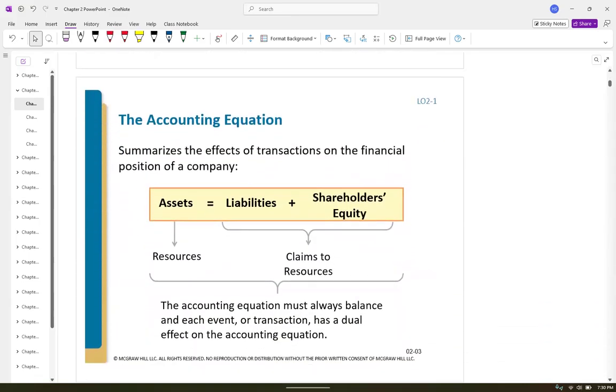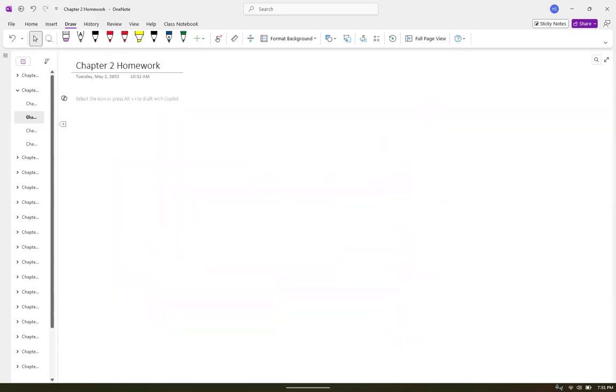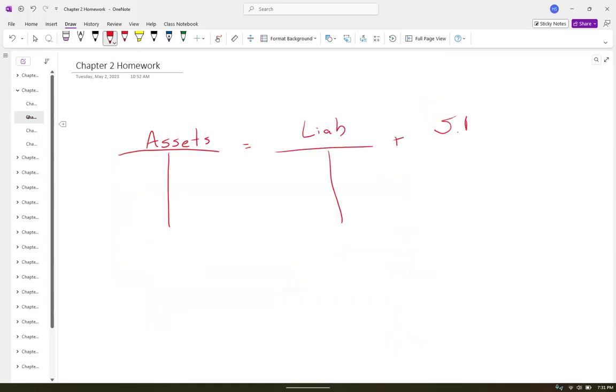Okay, so we have our lovely accounting equation, and just for the fun of it, we're going to quickly review those debit and credit rules. So here we go. Remember, we have assets equal to our liabilities plus, I'm going to do stockholders' equity because that's mostly what we're going to be talking about in here.